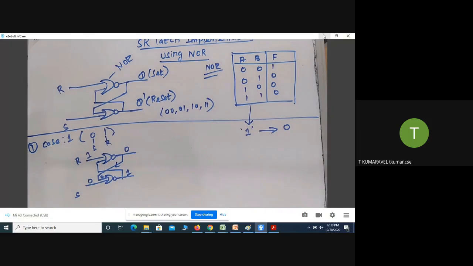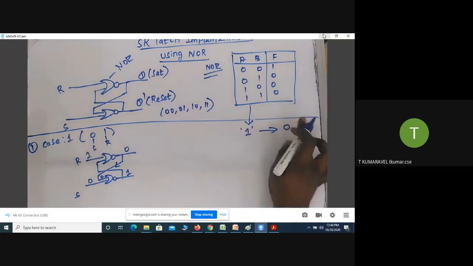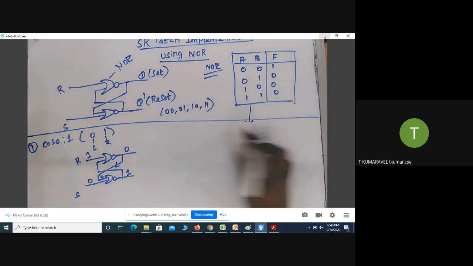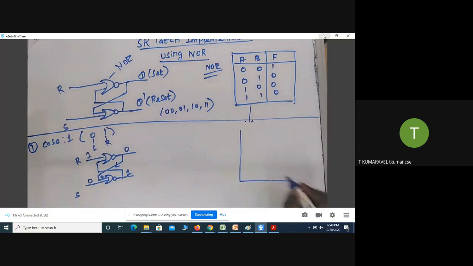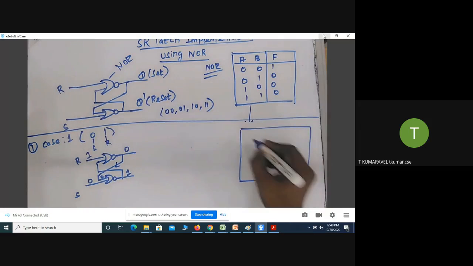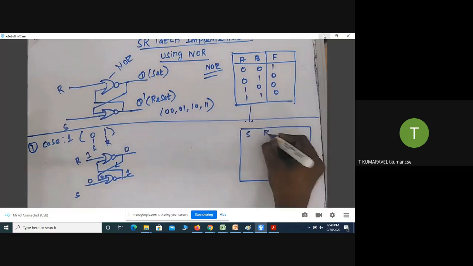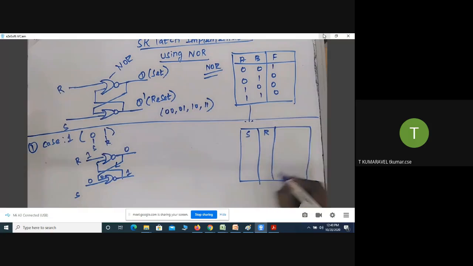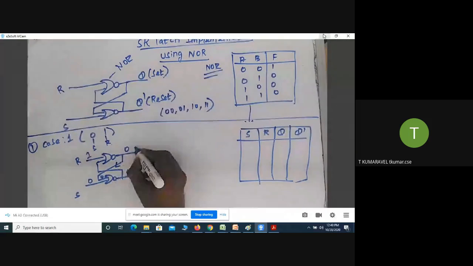So from this, I'm going to write the truth table for the SR flip flop. What is my input? One input is S, another input is R. Already I said it is associated with two outputs. One is called Q, another one is called Q bar.